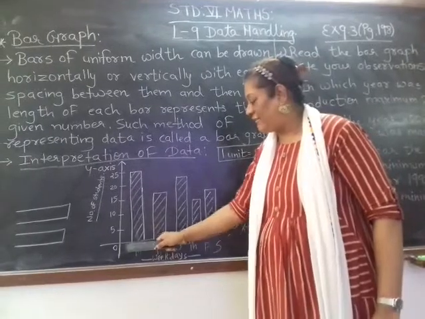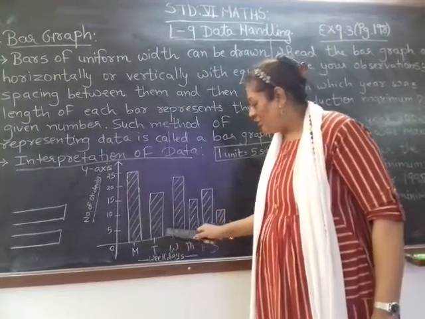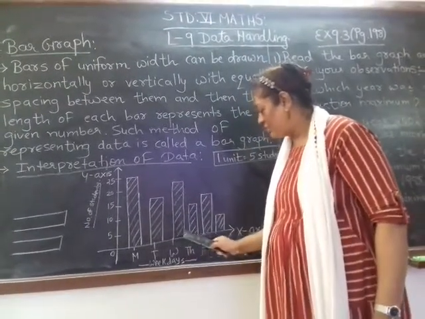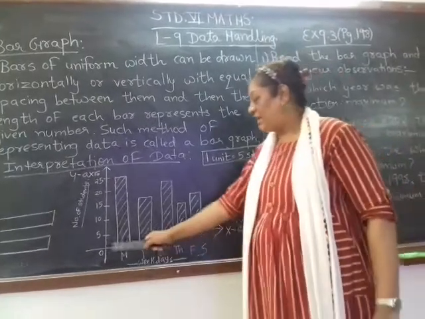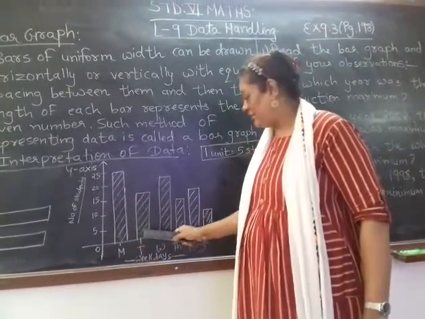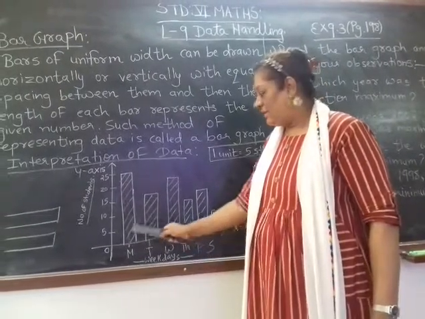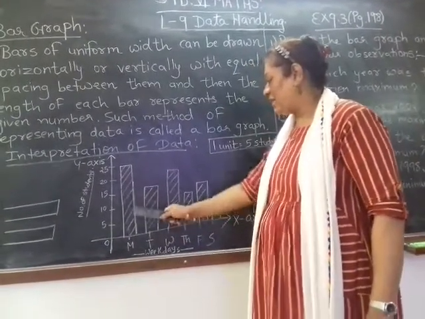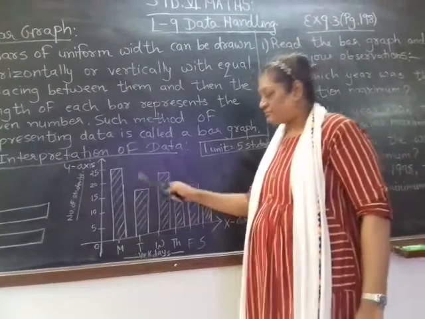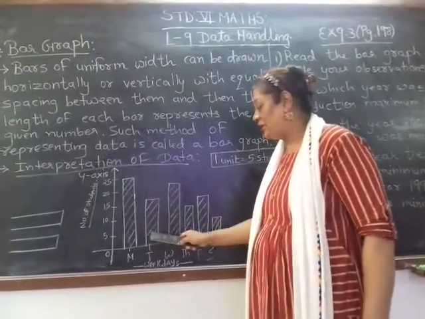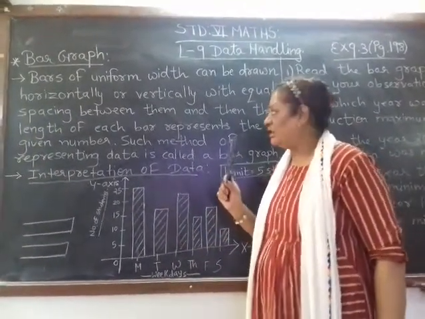If you are leaving one box here, then in between all the bars you have to leave one box in between them. But if here you leave 2, here you leave 1, here you leave no box, that is totally wrong. Between each bar, or between each rectangle, you have to leave equal spacing.